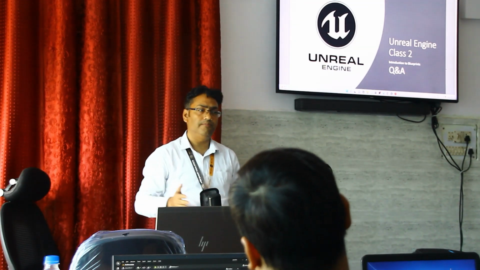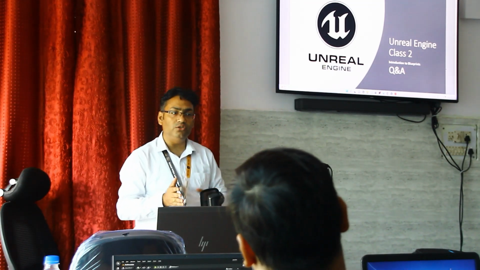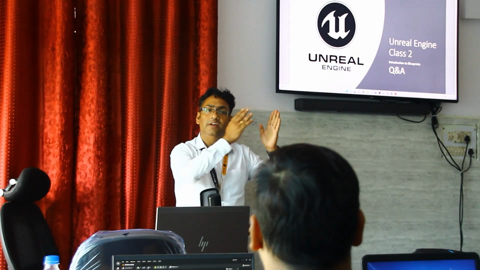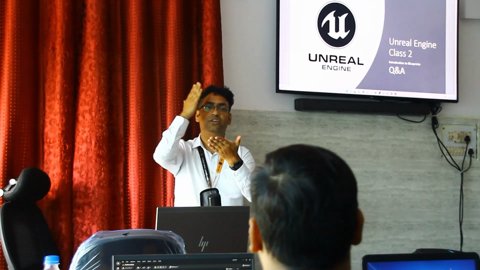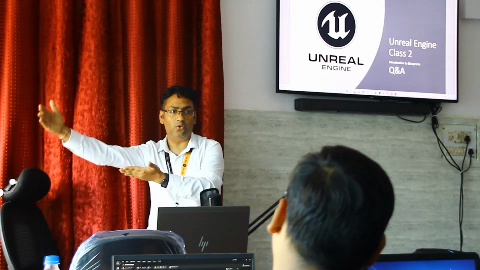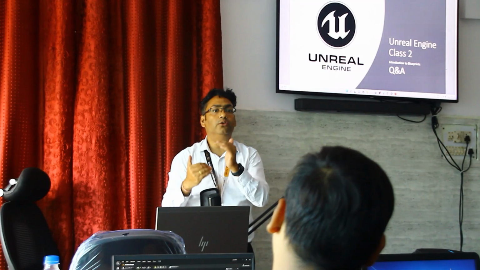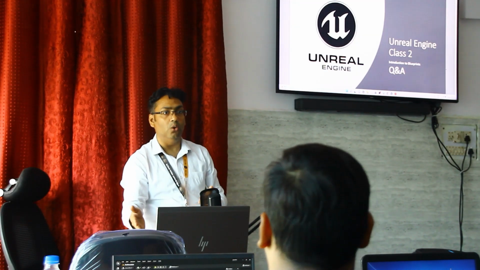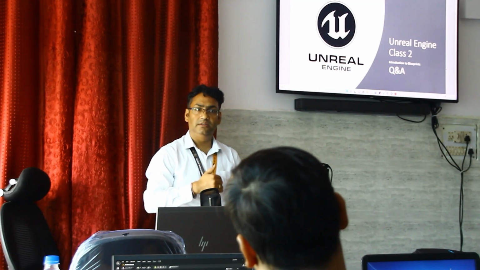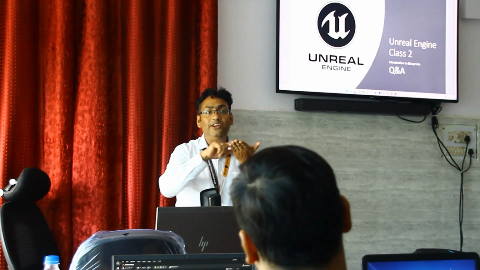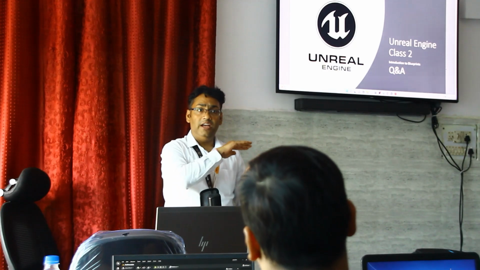So in Unreal Engine, execution happens from left to right. Whatever is on the left will execute first, then the second one, then the third one, and the fourth one. This sequential order you can change using the Sequence node that we will cover in our advanced level topic. But in short, the white execution wire is the flow.